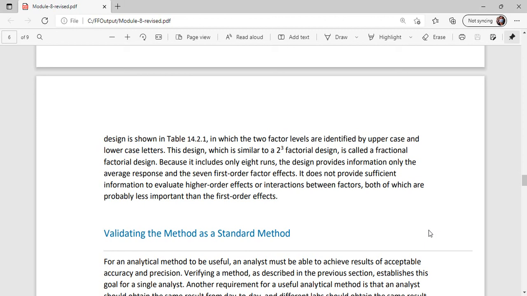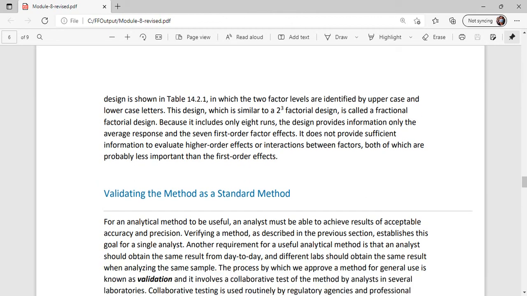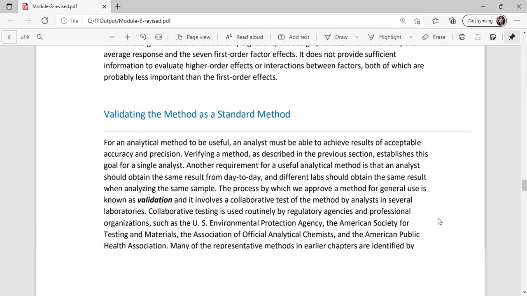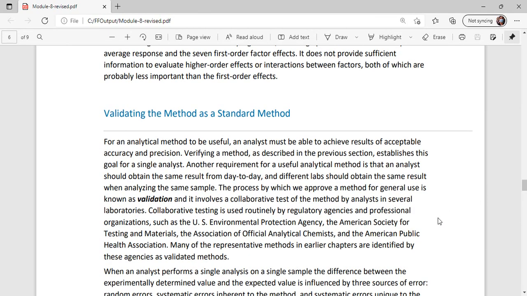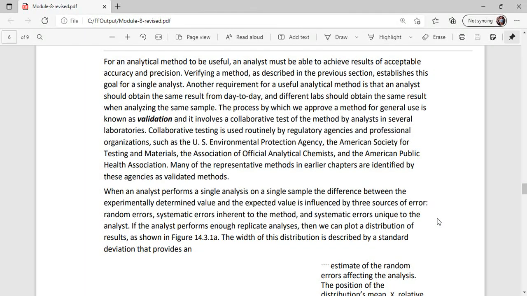Now, for validating the method as a standard method. For an analytical method to be very useful, an analyst must be able to achieve results of acceptable accuracy and precision. Verifying a method, as described in the previous section, establishes this goal for a single analyst.